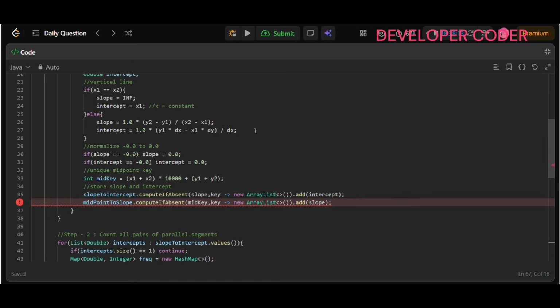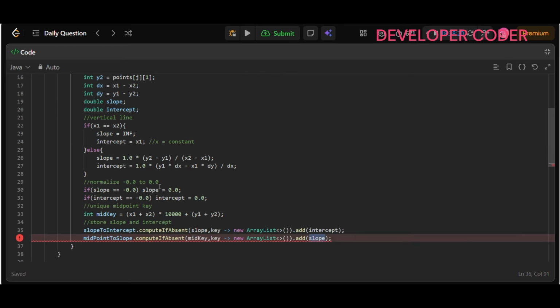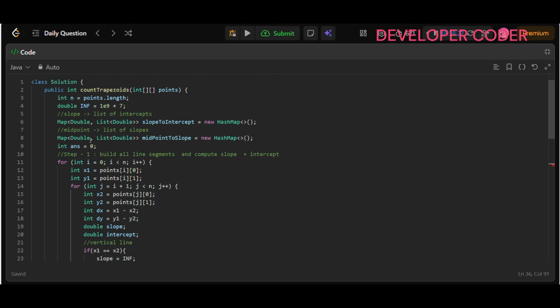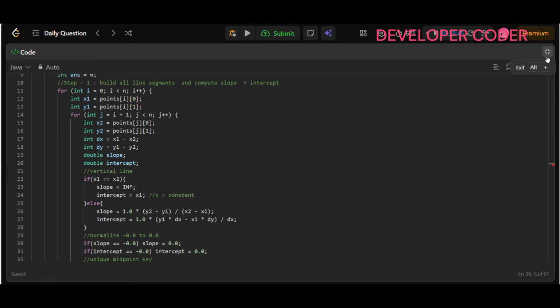Here I'm adding the slope value. I'm taking slope as double, and the map I'm also doing like this. So what is it saying?